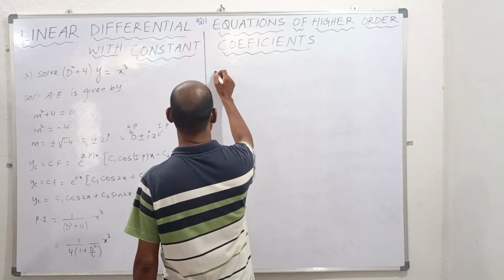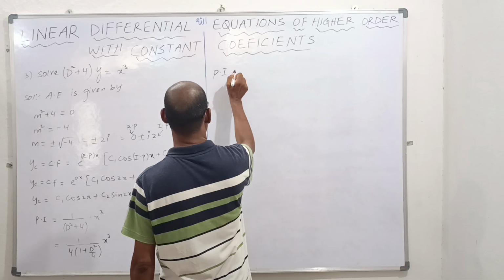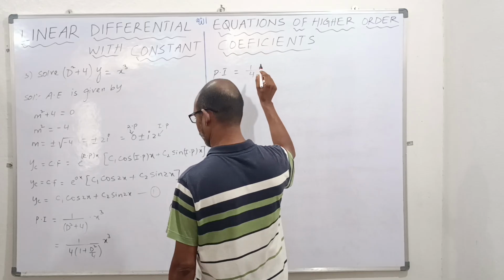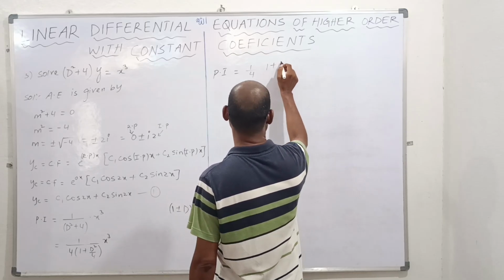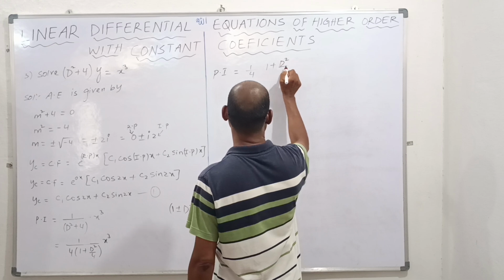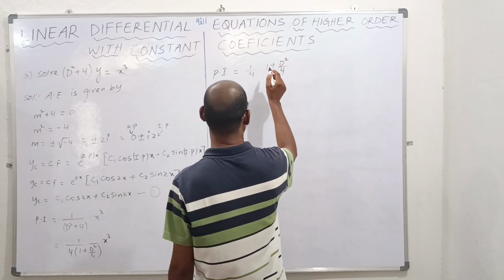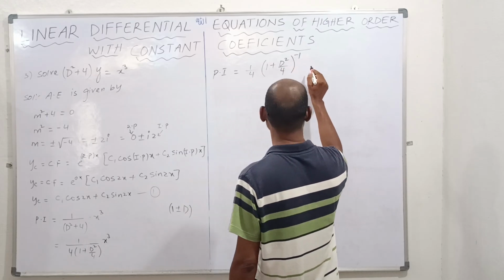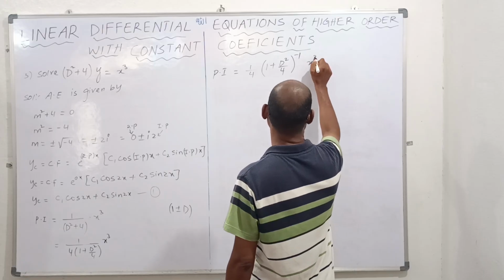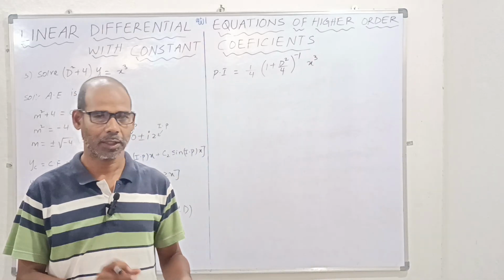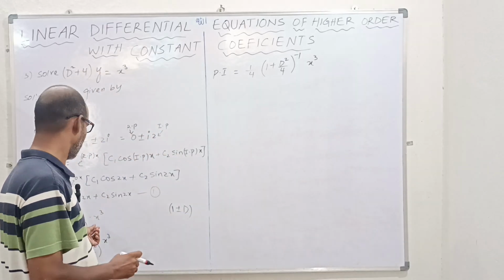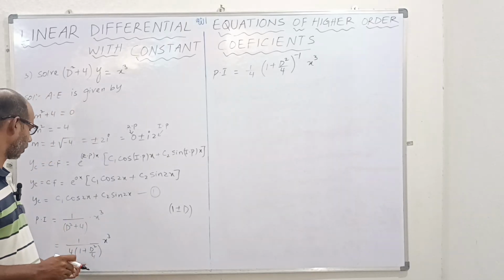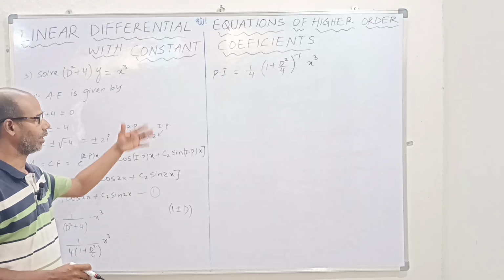Therefore PI is equals to 1 by 4 into 1 plus d square by 4, and taking this to the numerator, the power becomes minus 1, into x cube. This is what we have to do to find the particular integral when the function is algebraic. Always try to write the denominator in terms of 1 plus or minus d, then take it to the numerator.